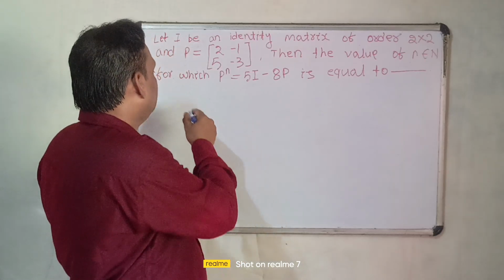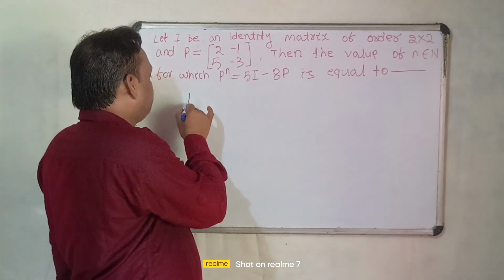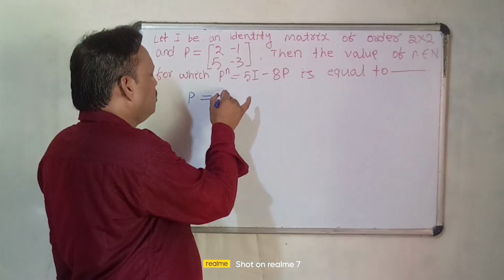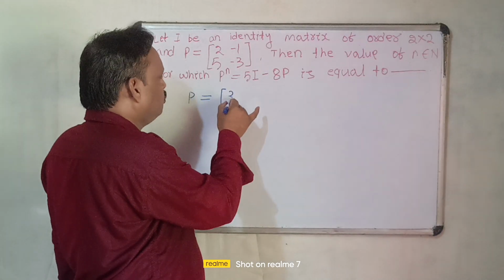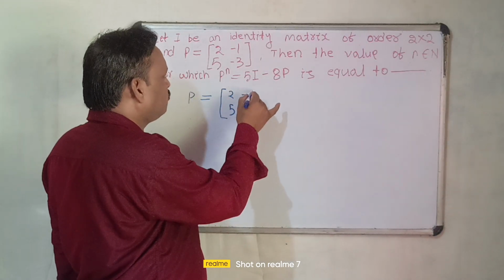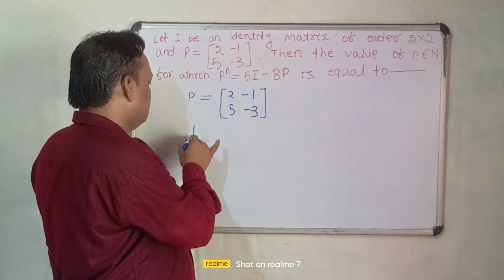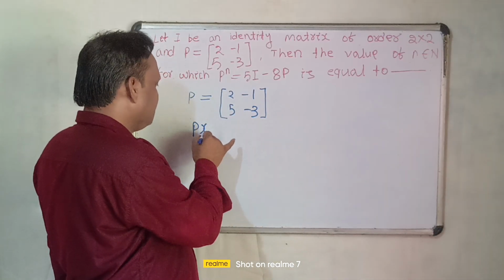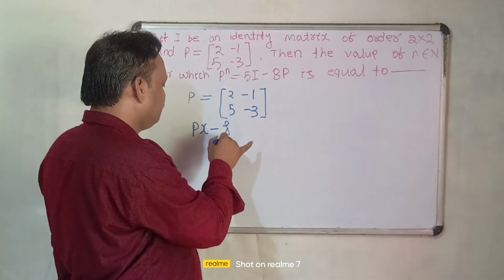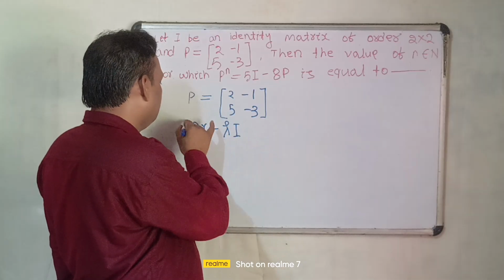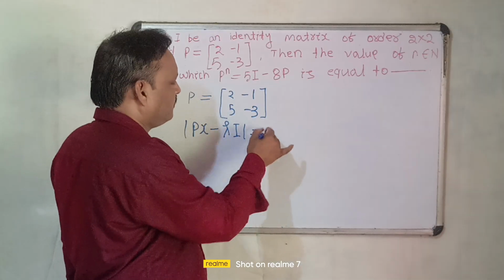Now this P matrix is equal to [2, -1; 5, -3]. We know that the determinant of P minus lambda I is equal to 0.